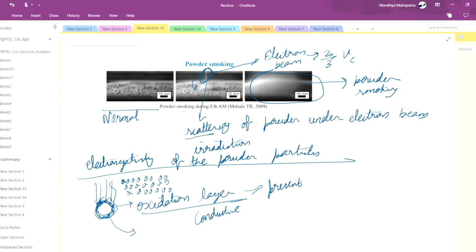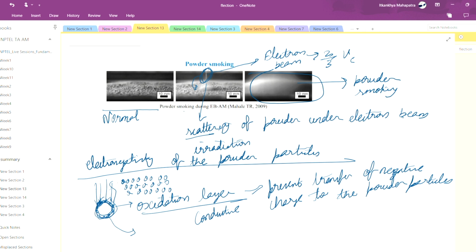So ultimately, your powder particle inside will remain with a negative charge because the electron is stored in the powder particle. Before, the powder particle was neutral, there was no charge, but now it has a negative charge.